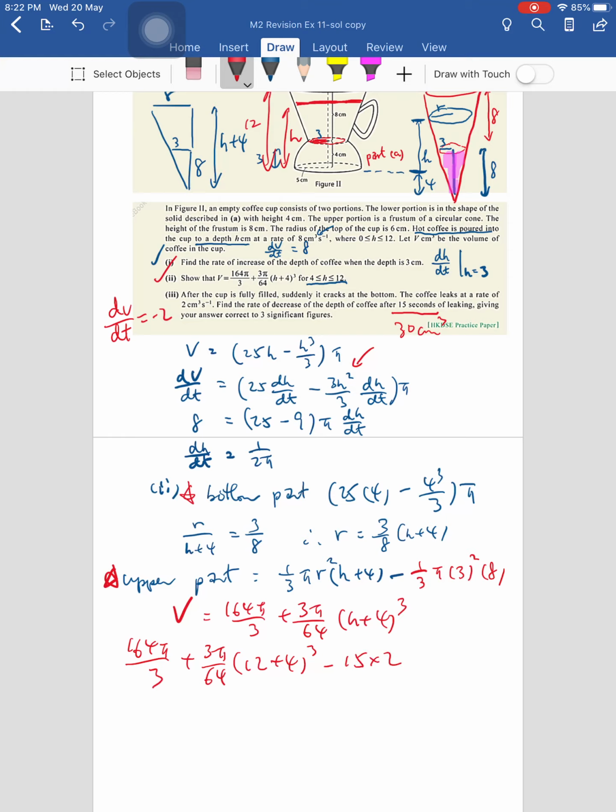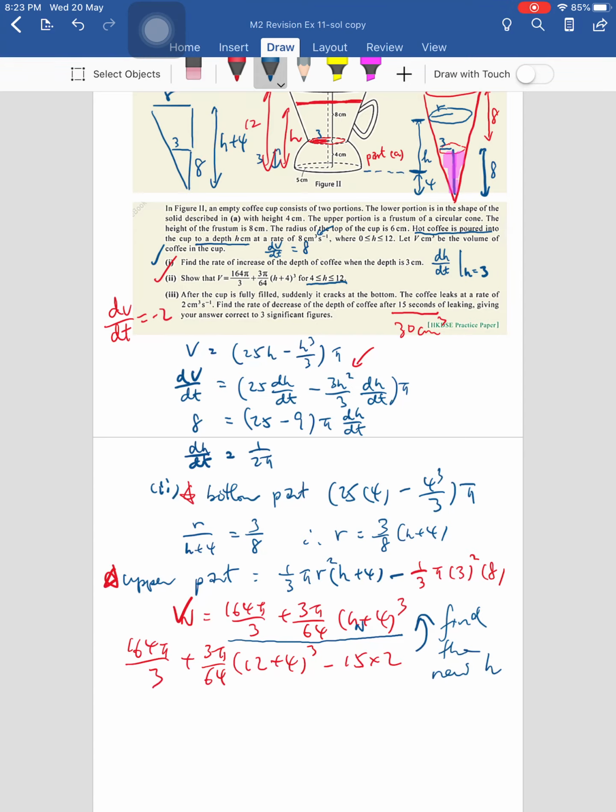Okay, this is the new volume. The new volume is still equal to this one. These two are equal now, because you are going to find out the new h.